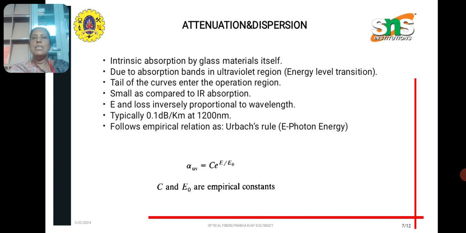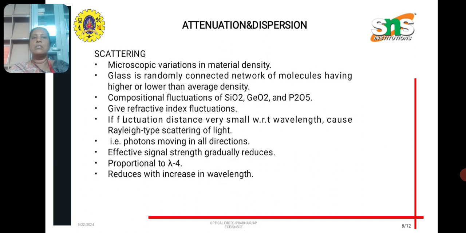And here the loss is inversely proportional to the wavelength, and it is typically 0.1 decibels per kilometer at 1200 nanometer wavelength. And this attenuation follows an empirical relation, Urbach's rule, where E is the photon energy, given by alpha UV is equal to C e power E divided by E naught. Here C and E naught are empirical constants.